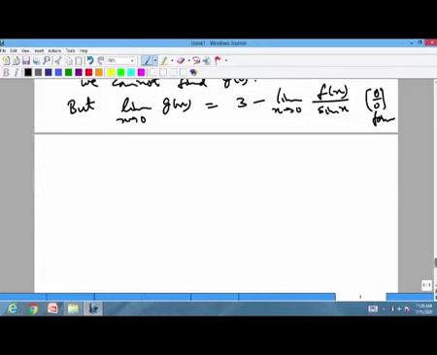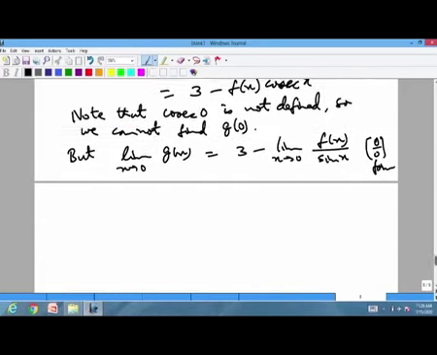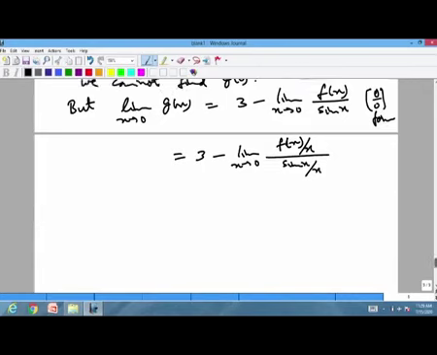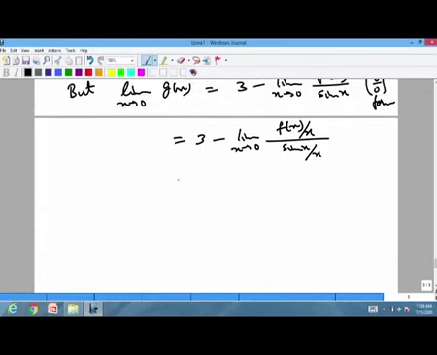Now, we know that the limit of sin x by x as x approaches 0 is 1. So, I can write this as 3 minus the limit as x tends to 0 of f x by x divided by sin x by x. Now, the denominator's limit is 1.